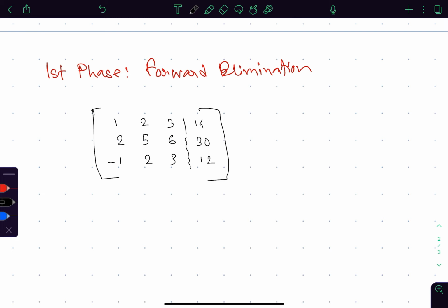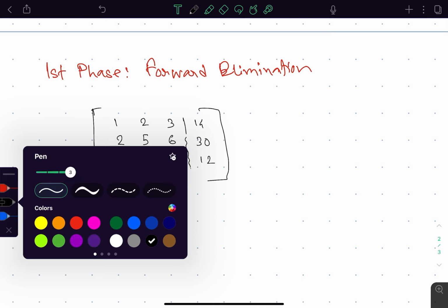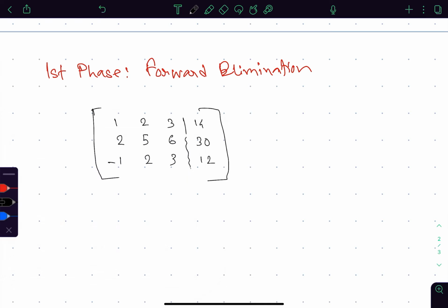Actually, we can see that the first element from the top left corner is already 1, so we don't have to do anything. In case we didn't have 1 here, we would just swap the rows, or do some operations to make the top left corner 1.